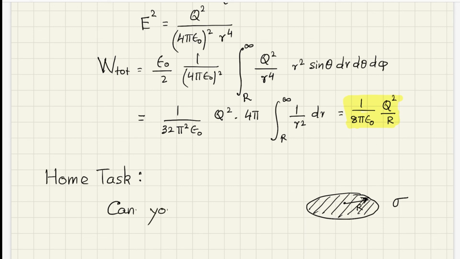It's very difficult to write down the field everywhere in space. Can you use the E method here? So different formulas can be preferred in any particular situation.